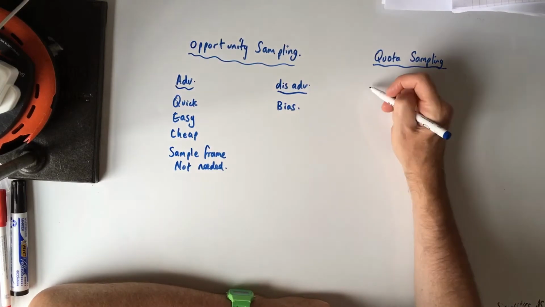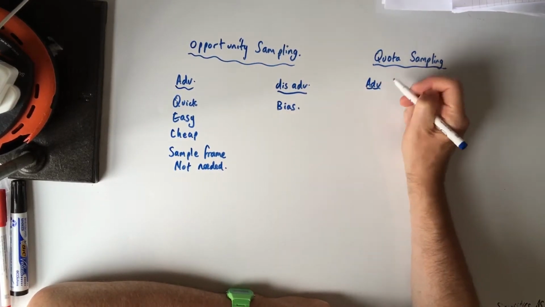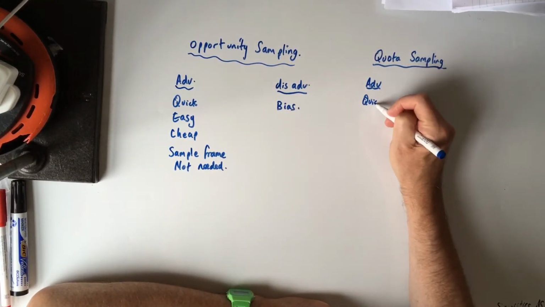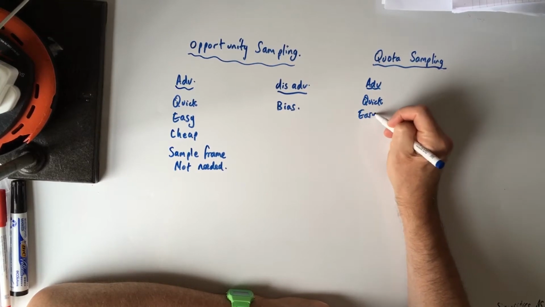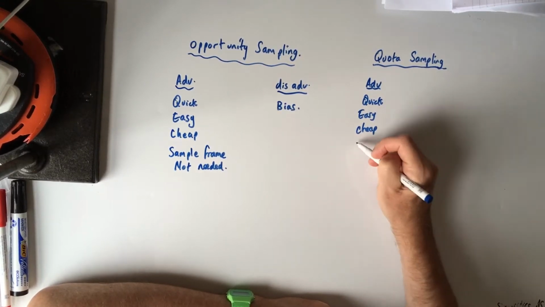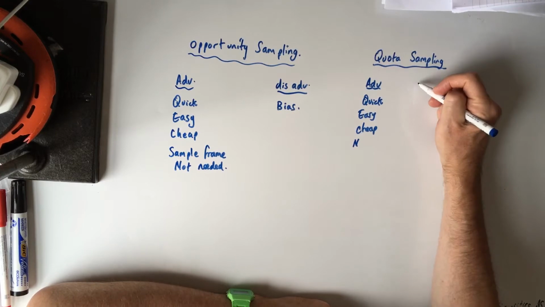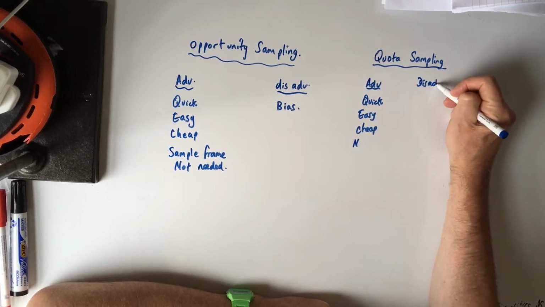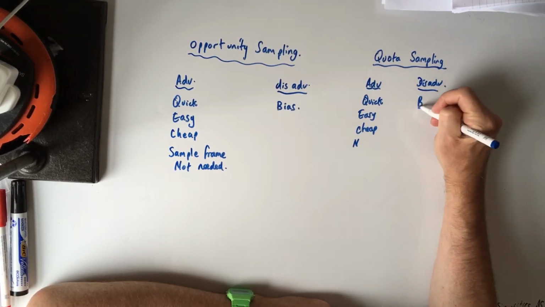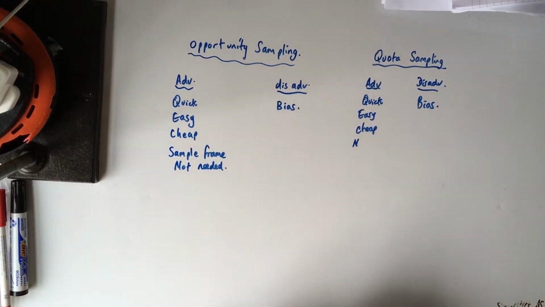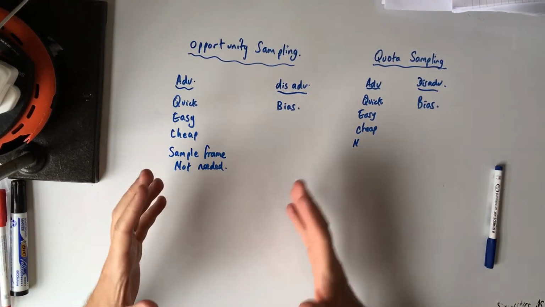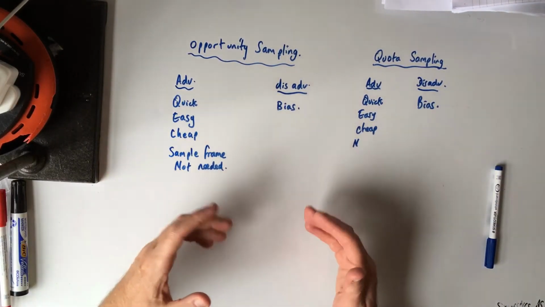Again, the advantages are all the same: it's quick, it's easy, it's cheap, there's no sample frame. And the disadvantage is that it's got bias. So it's the same as opportunity sampling.